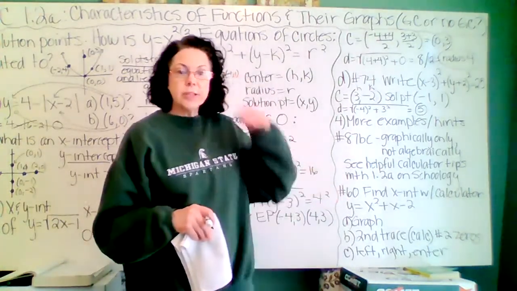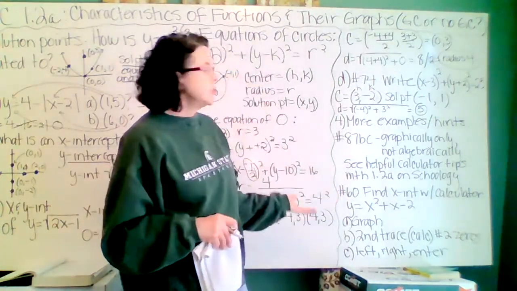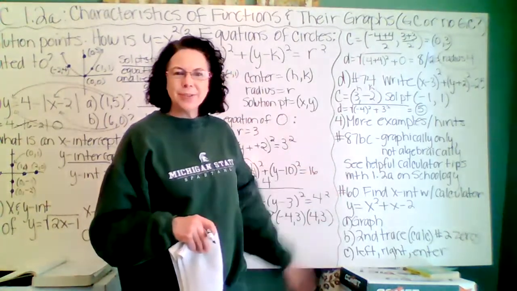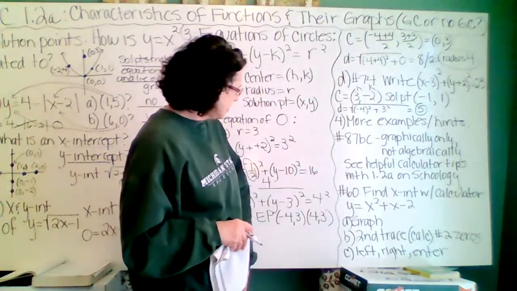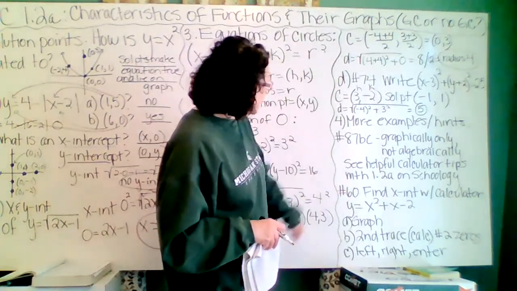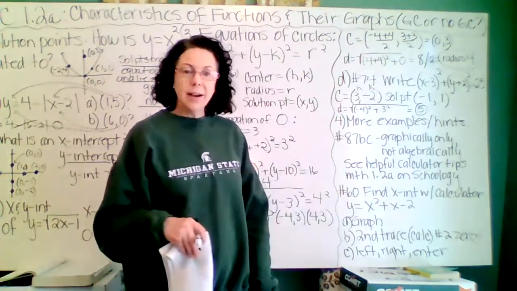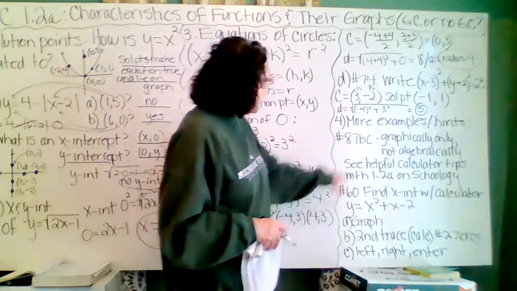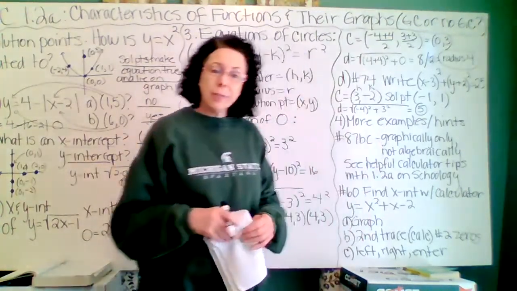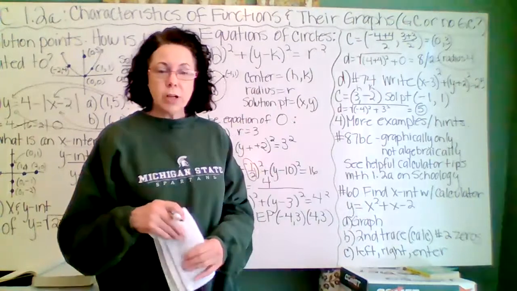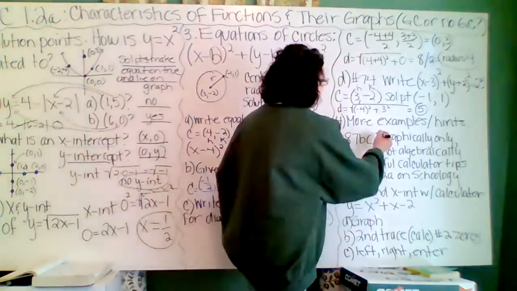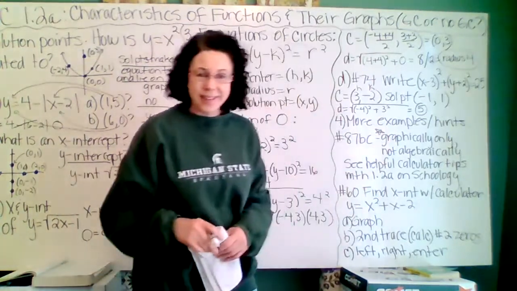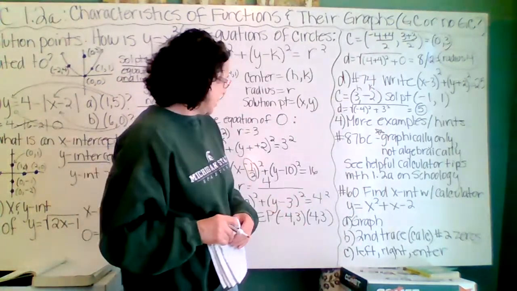I've also, just like in section 1.1 and 1.2a, I still have those graphing calculator notes available to help you with the stats. Those are on Schoology under that assignment. On B and C, they ask you to answer some questions graphically, and algebraically. You only need to do it graphically, not algebraically by hand, is what they're saying.